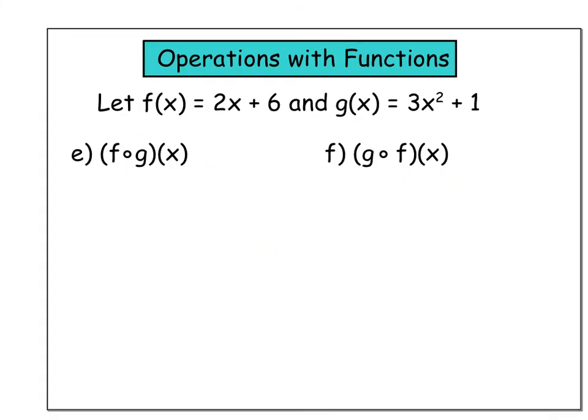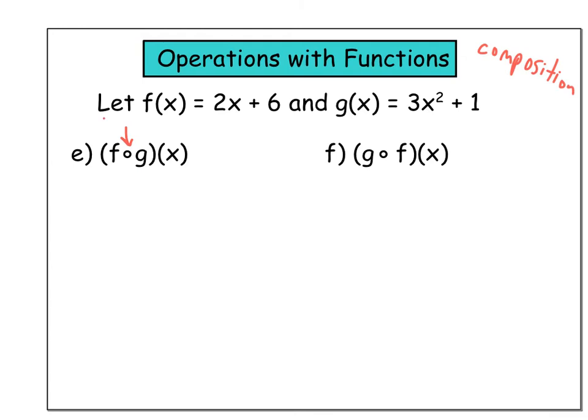All right, and last but not least, one new operation, which we'll see some applications of shortly. Basically, it's this idea of an open circle. The way it's read, it's pronounced composition. This is composition of functions. When you compose functions, you basically end up plugging one into the other.